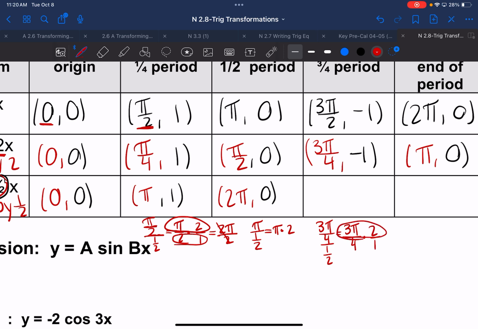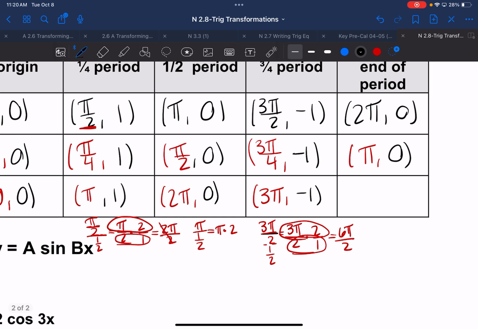So in the top, what are we going to get? 6 pi. And in the bottom, 2. Okay. So if we have 2 in the bottom, can I simplify this any? Yes. That would simplify to 3 pi. Okay. And then I don't change the y value. It stays -1.